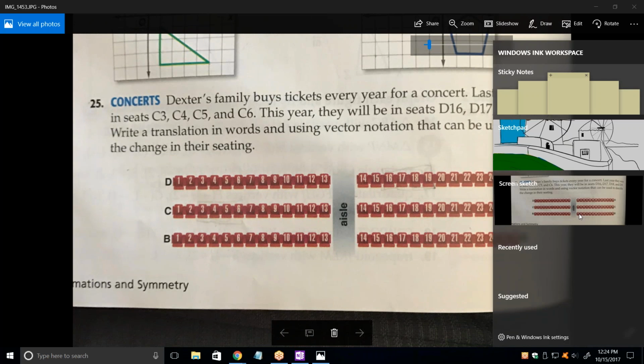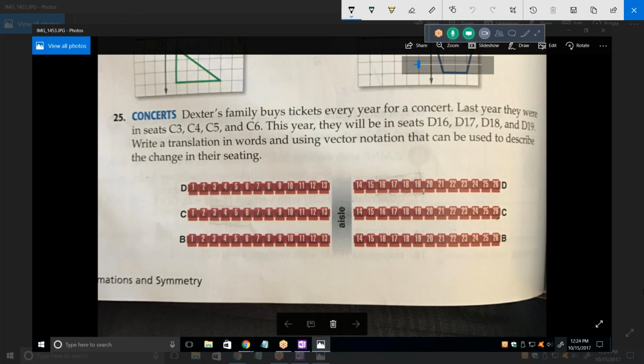Notice that you can imagine a concert hall being the same way as translating vertices. Last year, you were in seats C3 through C6. This year, you're going to be in D16 through D19. So what is my horizontal translation?